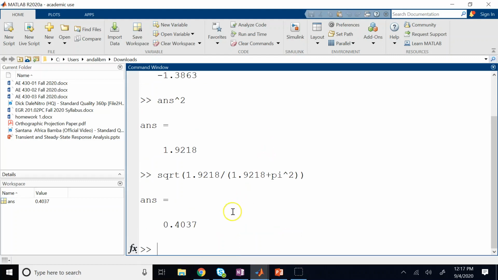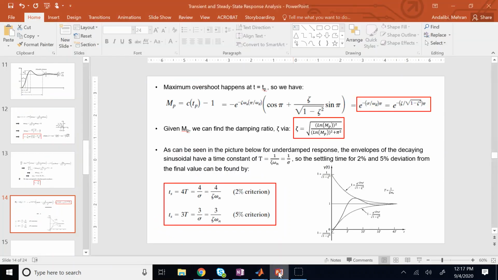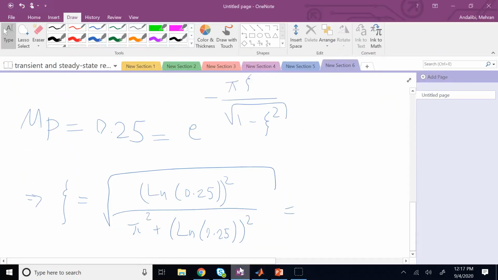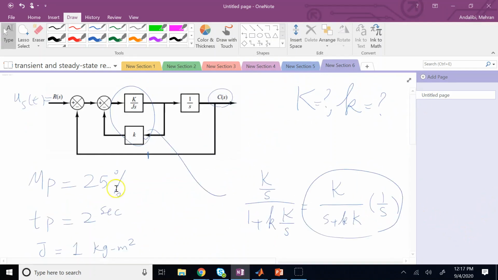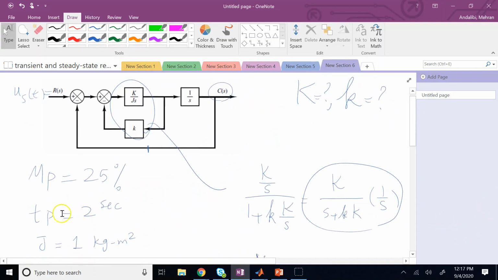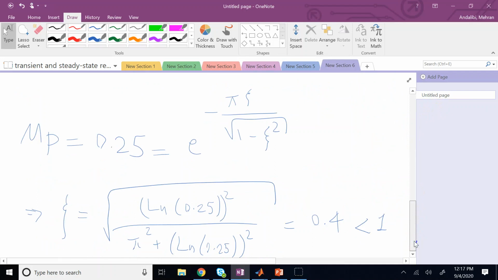So 0.4037. Now in this course, 2 decimals is enough, so we just go with 0.4. So your zeta is 0.4, and clearly you see this is less than 1. Otherwise, you cannot have a peak time, right? Because if it's not underdamped, there is no peak time, it's infinite. So make sure whatever zeta that you get out of this formula is necessarily less than 1.